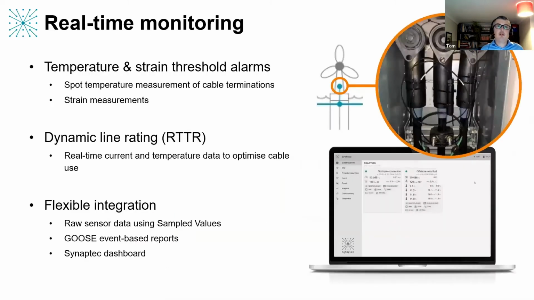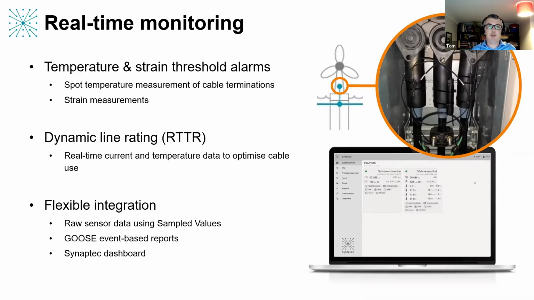Now we'll have a look at real-time monitoring. Here we're looking at firstly temperature monitoring. Today this is mainly done by technologies such as DAS and DTS. We don't see ourselves as a replacement here. We're more in working together, because DAS and DTS are good for looking along the whole cable section, but where they typically miss out is the cable terminations.